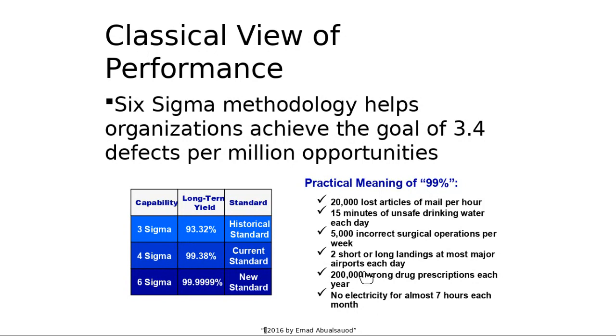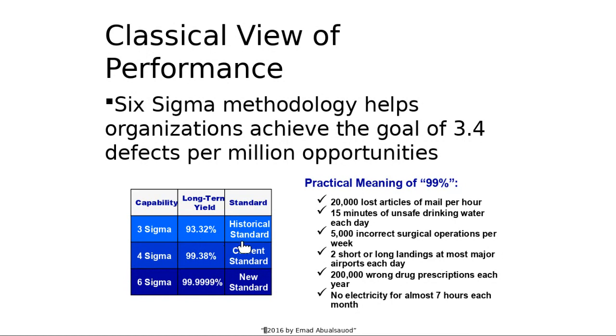As a matter of fact, the historical standards of quality, I'm talking about the 70s and 80s after World War II, was the time when even 93.32% was the acceptable level of quality.